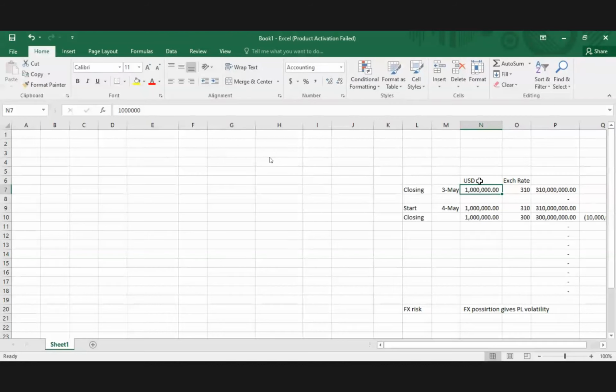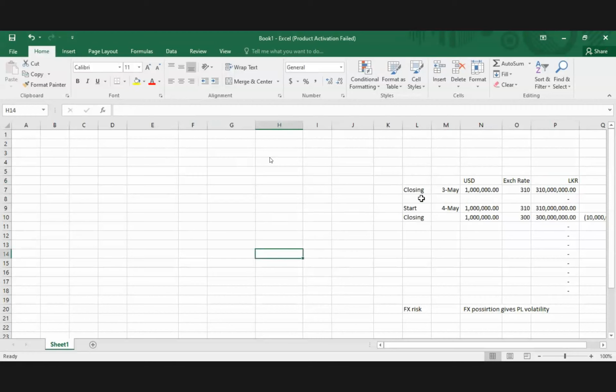Every end of day, I need to value this US dollar position into rupees. So yesterday, my closing rate was say 310. So my $1 million in LKR terms is 310 million rupees.